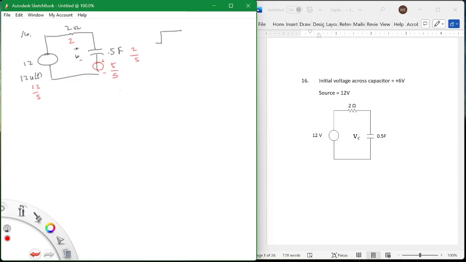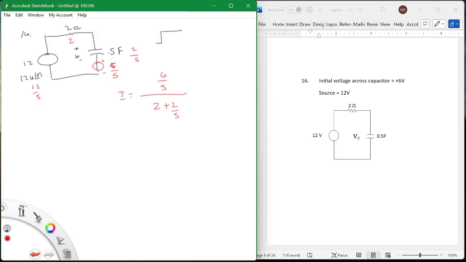Oh, 6. Okay, 6 volts. I'm sorry. So we can look at this and we said 12 minus 6 is 6. So basically our voltage is 6 over S divided by 2 plus 2 over S. And that is my I of the capacitor. And that's probably what I was asking for.